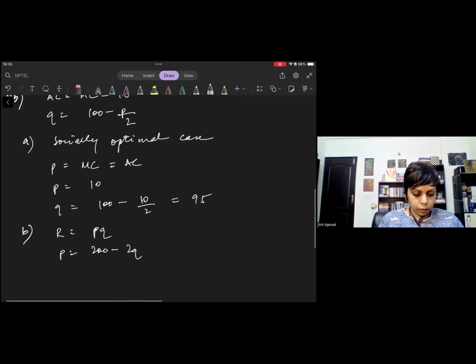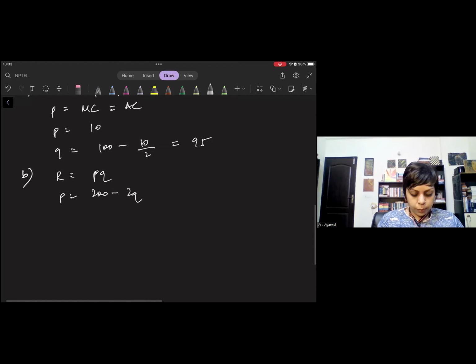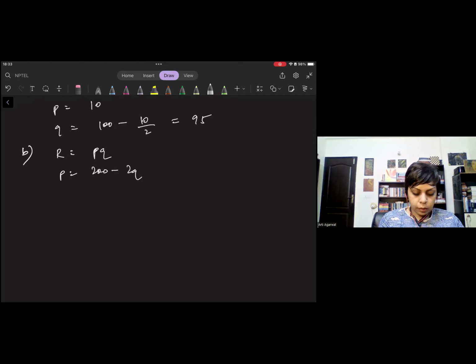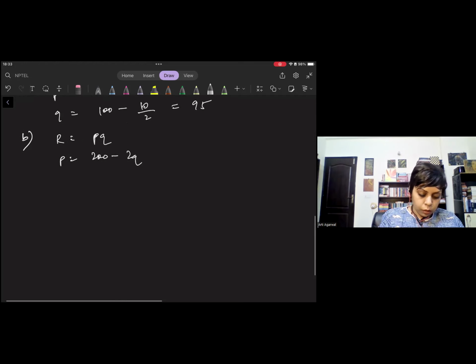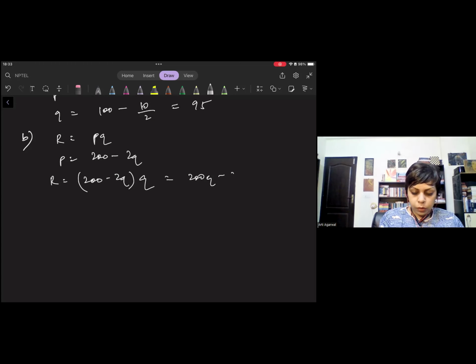Take it this side, take this side, yeah. So this is the price, inverse demand function. So revenue is P into Q, 200 minus 2Q into Q is equal to 200Q minus 2Q square.